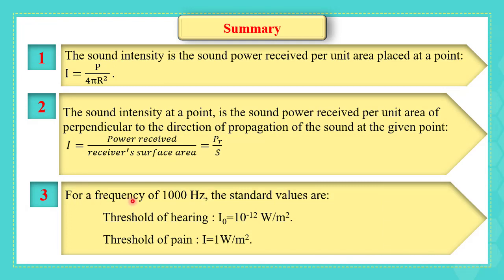Third, for a frequency of 1000 Hz, the standard values are threshold of hearing I0 equal to 10 exponent minus 12 watt per meter squared, and the threshold of pain equal to 1 watt per meter squared.